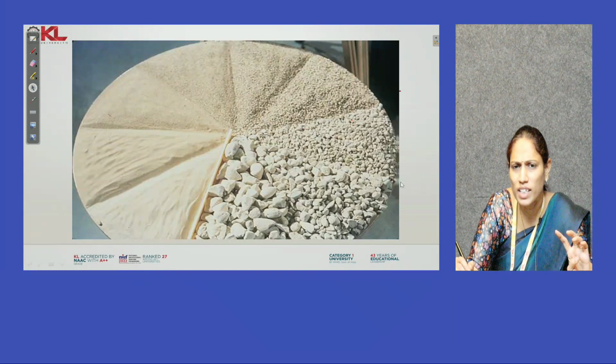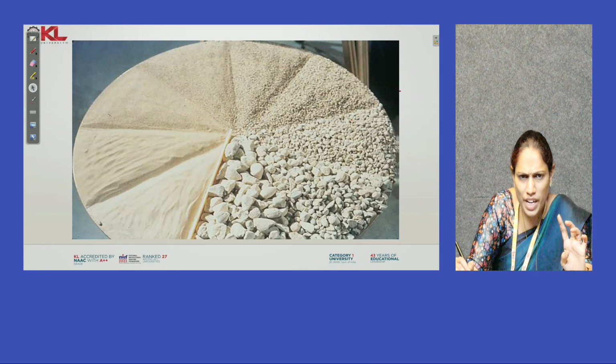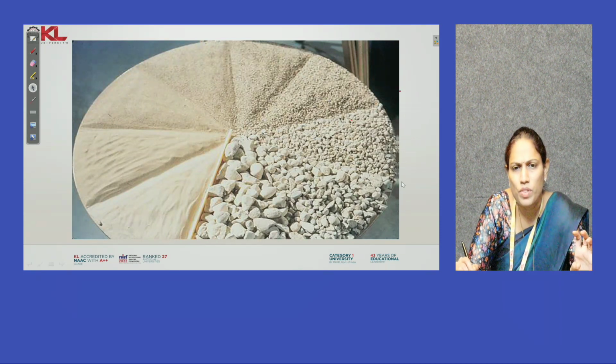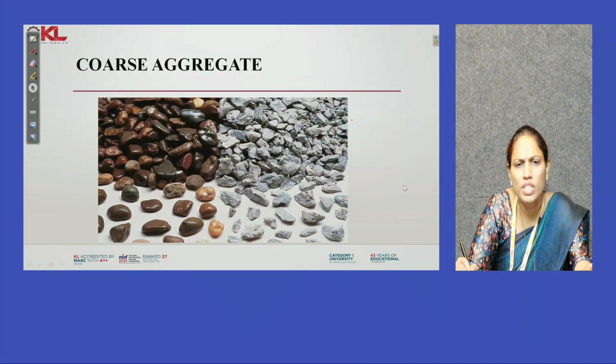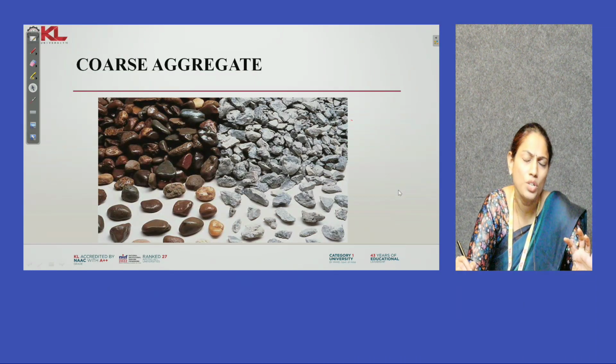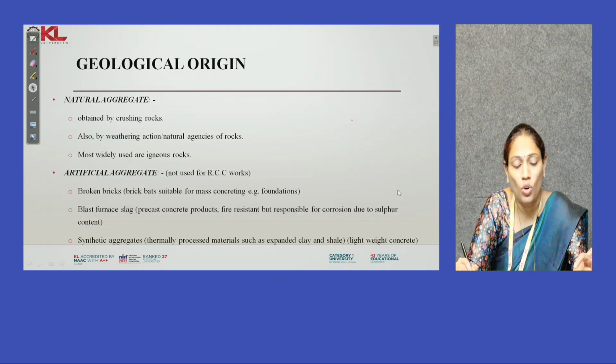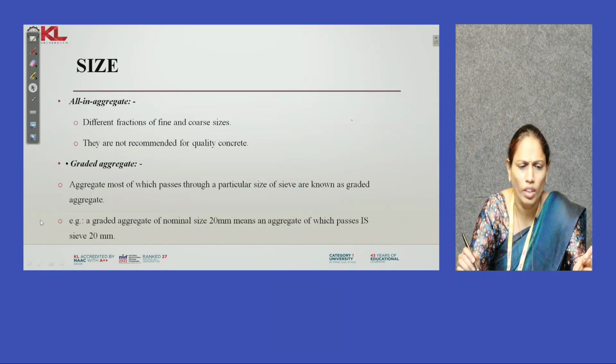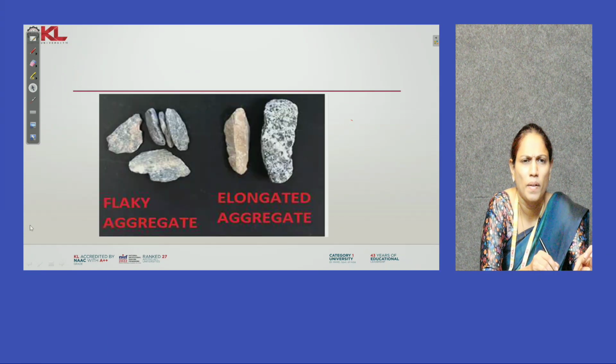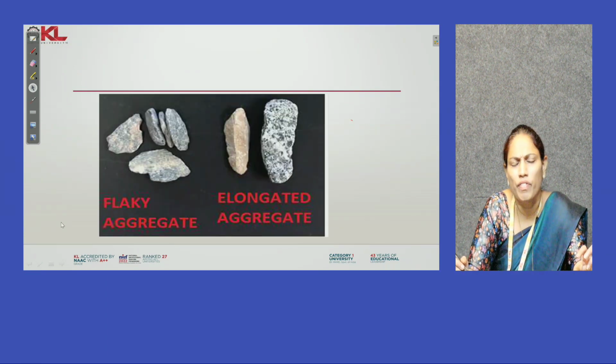If you see the picture, we can see coarse aggregate and fine aggregate. Coarse aggregates are of two types: smooth finish and rough finish. Generally we go for rough finish to get a higher bond between the aggregate and concrete. There are also flaky aggregates and elongated aggregates.